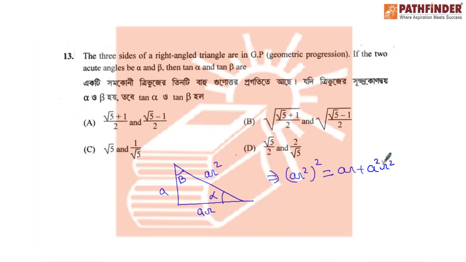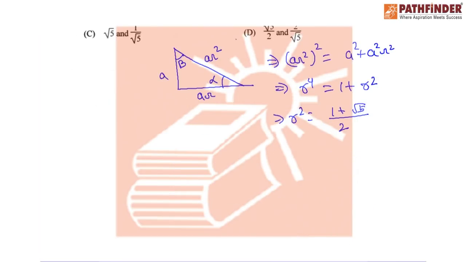Since the sides are in GP, by using Pythagoras theorem, this square is equal to A² plus A²R². So from this we will get R⁴ is equal to 1 plus R², or R² is equal to, only the positive value we will take, (1 + √5)/2, or R is equal to root over (1 + √5)/2.